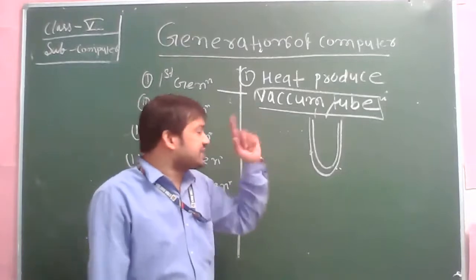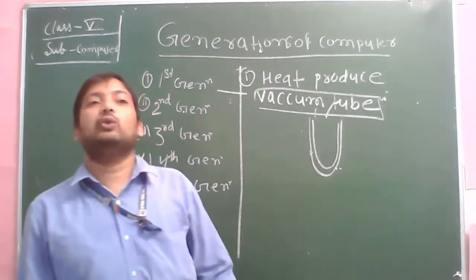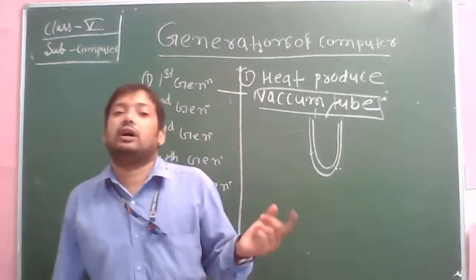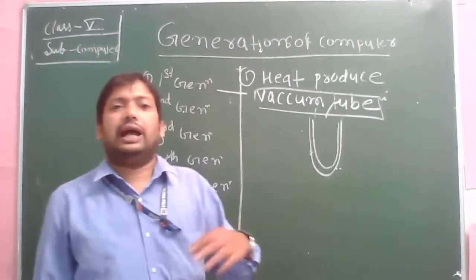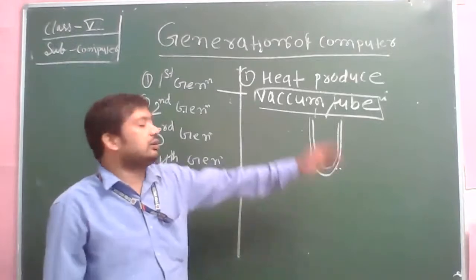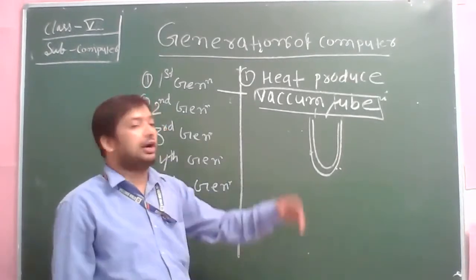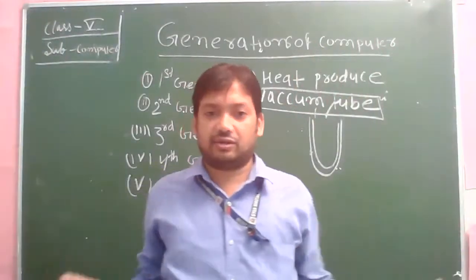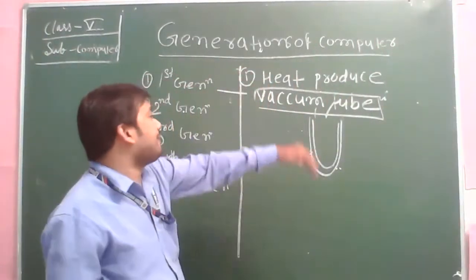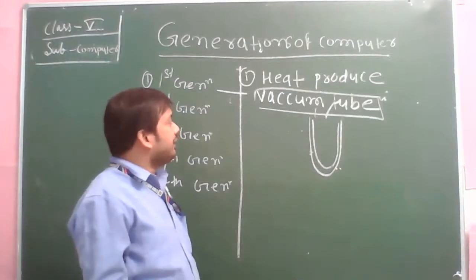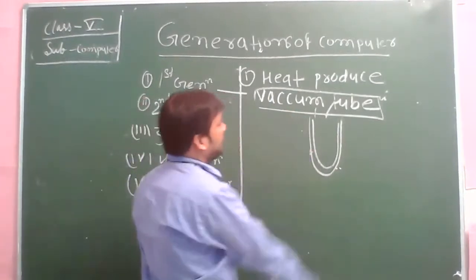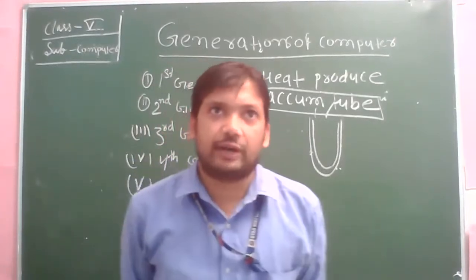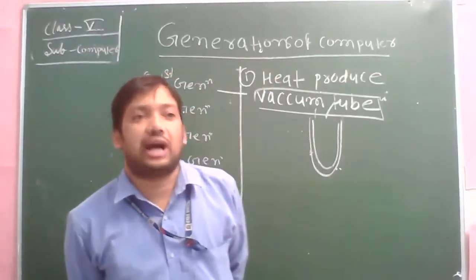The first generation of computer only worked on the number system, meaning we could not work on characters, only on numbers. It required a very big room where the computer would be located. In this generation the keyboard was not used; instead there was the punch card.